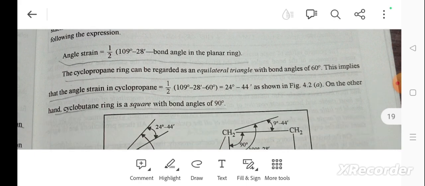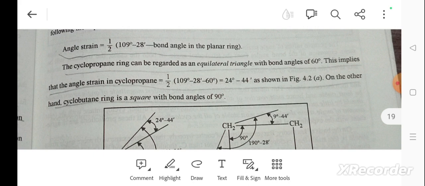The cyclopropane ring can be regarded as an equilateral triangle with the angle of 60 degrees. This implies that the angle strain in cyclopropane is equal to half of 109 degrees 28 minutes minus 60, which is equal to 24 degrees 44 minutes, as shown in figure 4.2a.